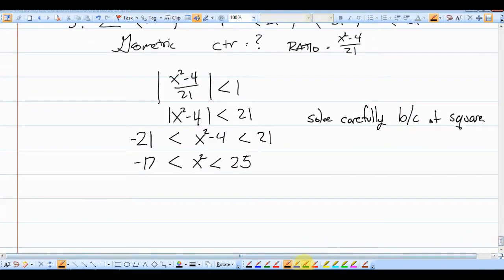Well, this is ridiculous right here, isn't it? Okay, the x squared is always greater than negative 17, right?